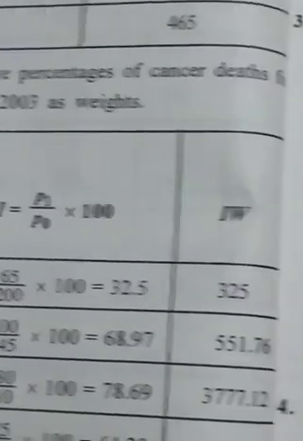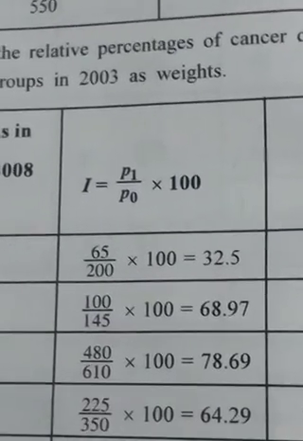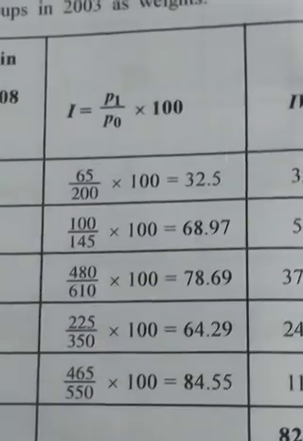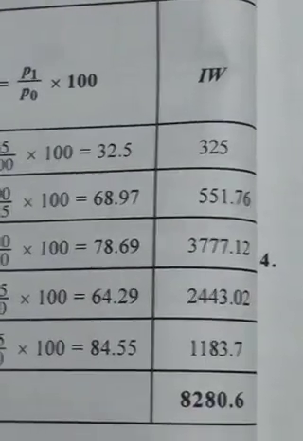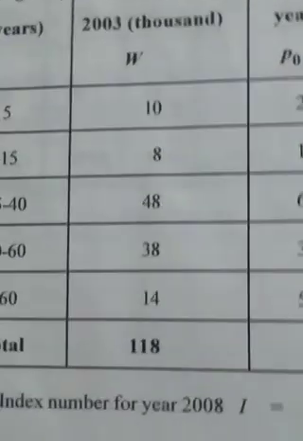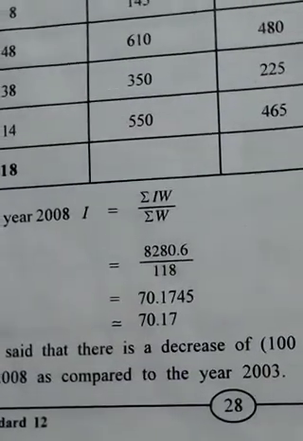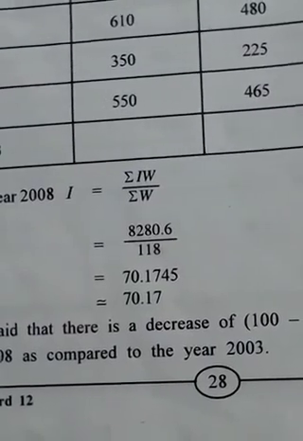Then you work it out and you get values like 32.5, 68.97. Then you multiply I and W, and you get values like 325, 8,280 like this. Now we can easily find the index number: I is equal to sigma IW upon sigma W. And finally the answer comes to 70.17.